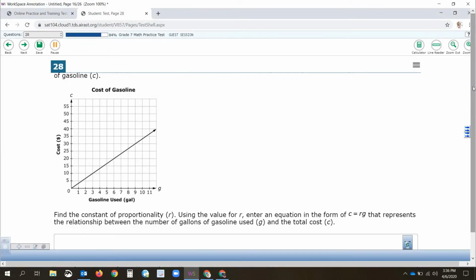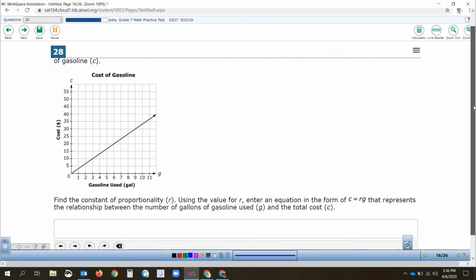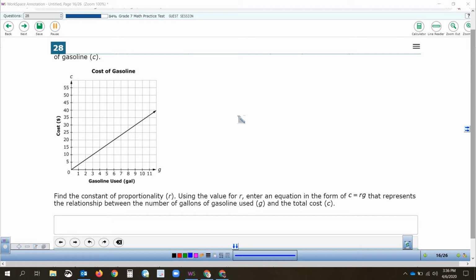All right, so if you've been watching these videos and working through these problems, then you should remember about the constant of proportionality. So in a proportional relationship, the constant of proportionality, we usually use the letter K, is equal to, well, I'm just going to go ahead and write what it is.